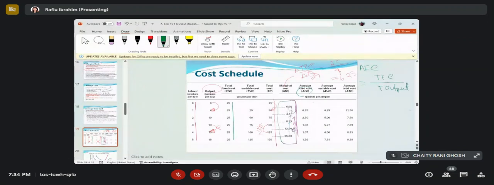Total fixed cost is in column number 3 and total output is in column number 2. So basically we are going to divide column number 3 by column number 2.